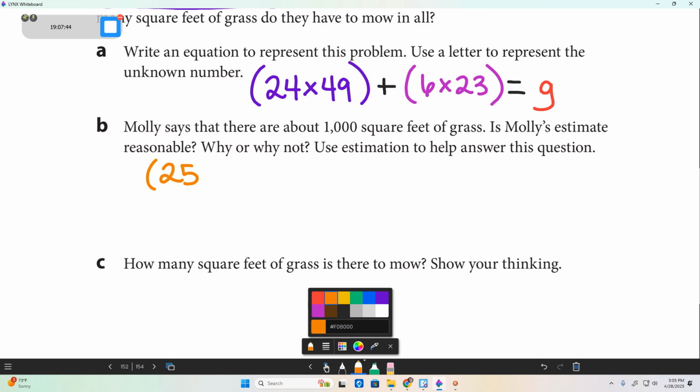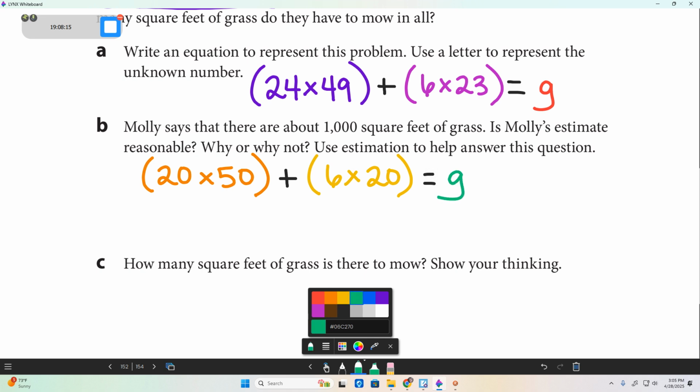Let's make 24 into 20. So I'm just going to estimate by making the numbers up above a little bit easier. So 24 is pretty close to 20, and 49 is very close to 50, okay? And I'm going to add that together with 6, I'm going to leave 6, and I'm going to leave 23, I'm going to make that into 20.